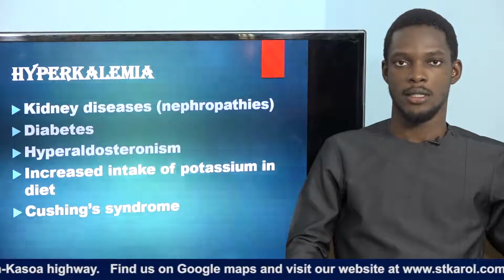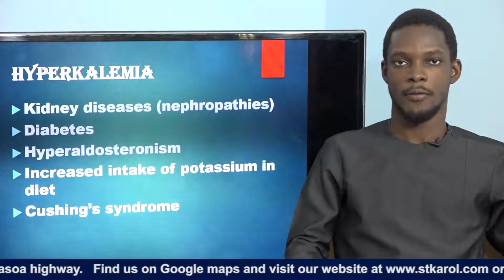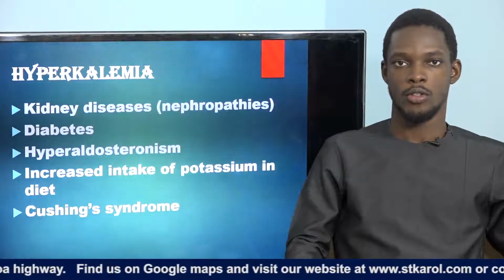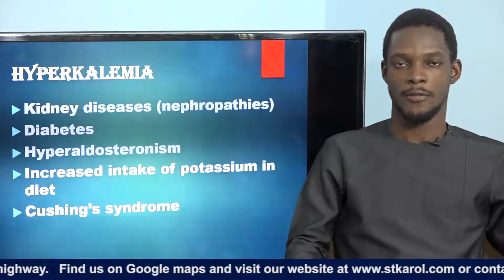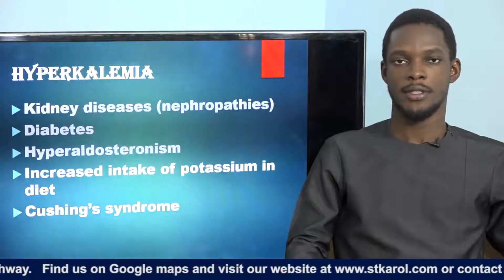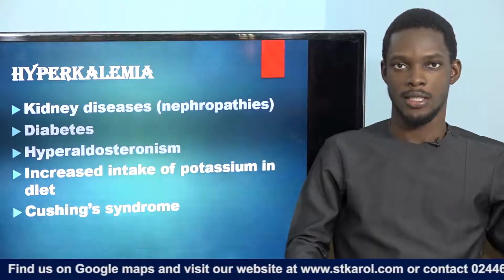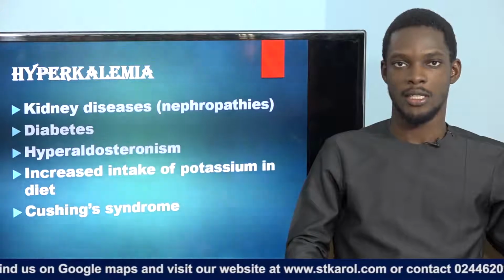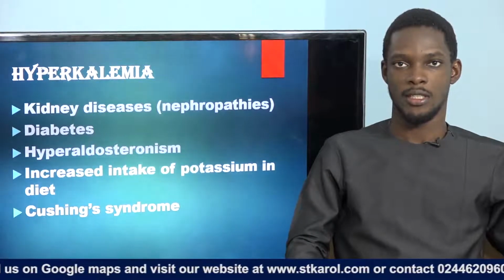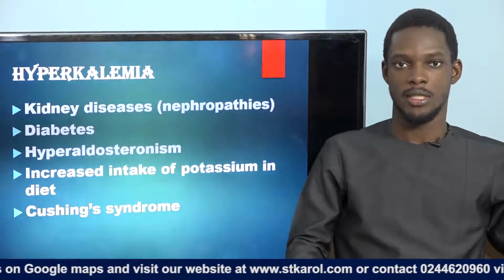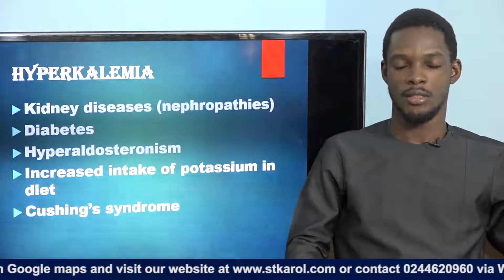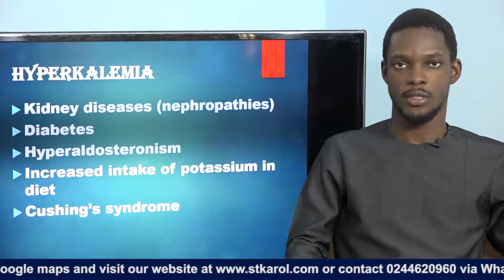As I said, dietary sources of potassium constitute about 50 to 150 milliequivalents of potassium. And as such, at all times, a functioning kidney or a functioning excretory system is needed to excrete excess potassium.